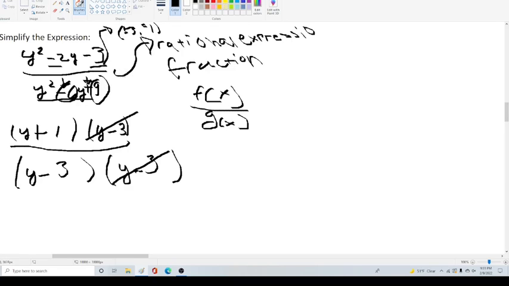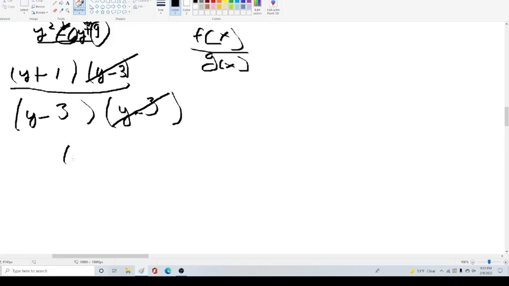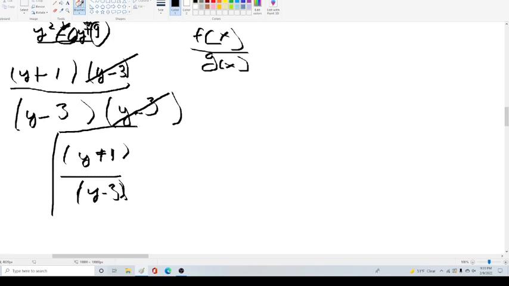And then we rewrite what's left. We have y plus 1 over y minus 3. And that's simplified. Since there's nothing else we could do, we're done.